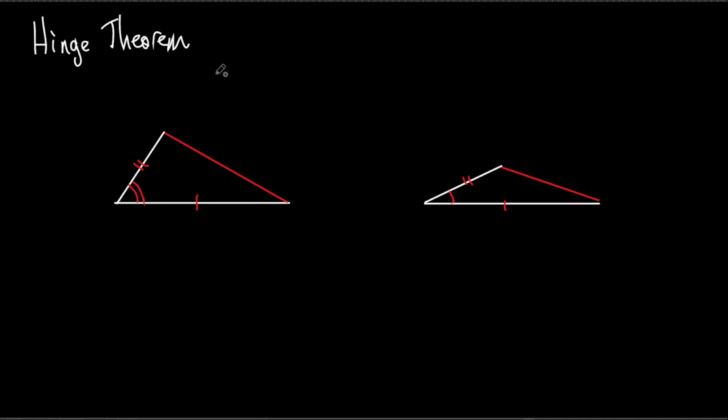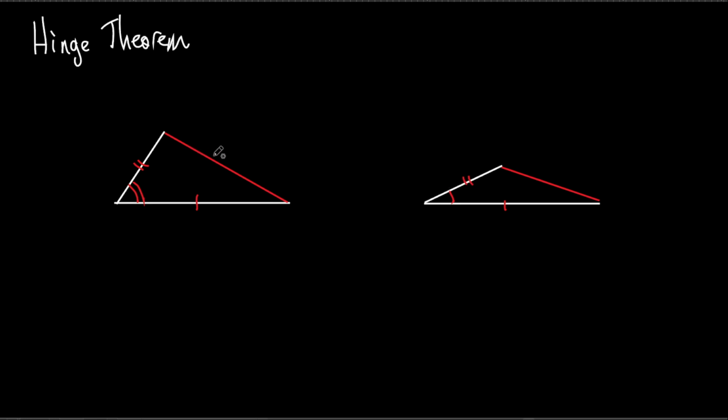So what does the Hinge theorem tell us then? This is all the stuff that's given. You're given that two sides are equal, but the included angle of this one is bigger than the included angle of this one. So Braden, what's true about this red line right here compared to this one? That's right. Then the side opposite the bigger angle is going to be bigger than the side opposite the smaller angle. You with me on that?